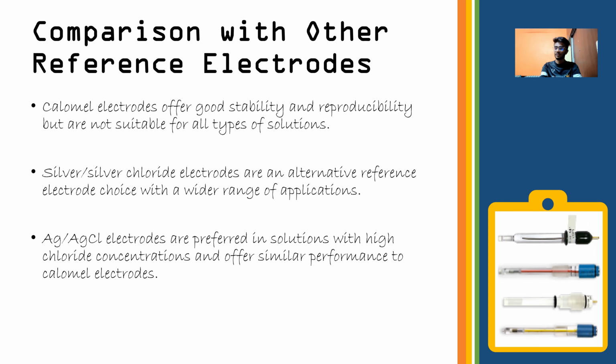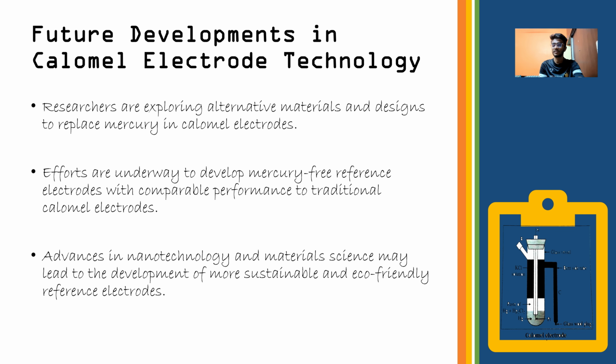Silver and silver chloride electrodes are preferred in solutions with higher chloride concentrations and offer similar performance to Calomel electrode. As I told earlier, we cannot use Calomel electrode where the concentration of chloride ions is high. During that kind of conditions, you can use silver or silver chloride electrodes.